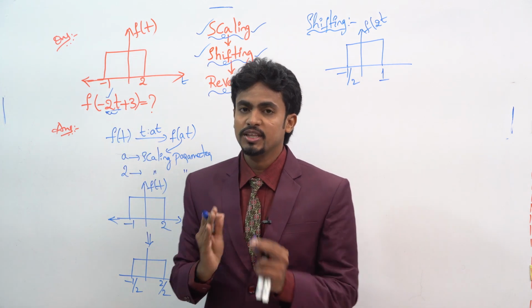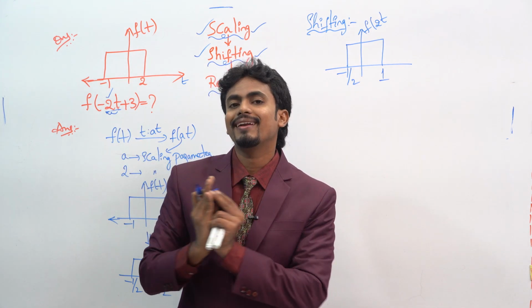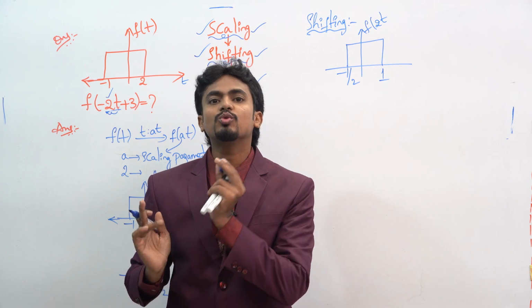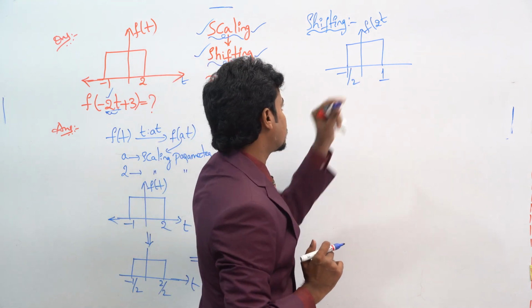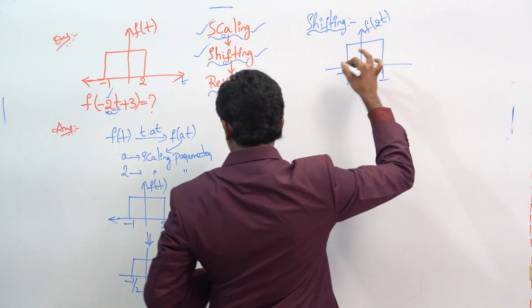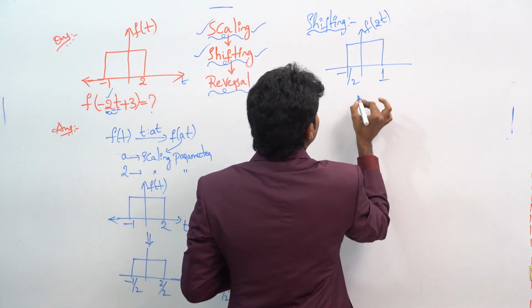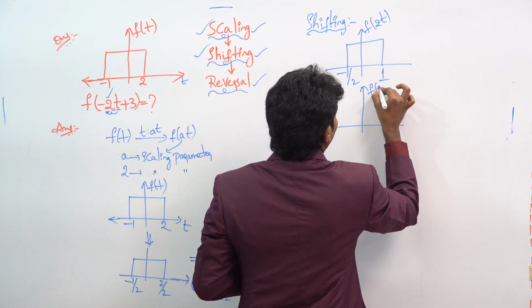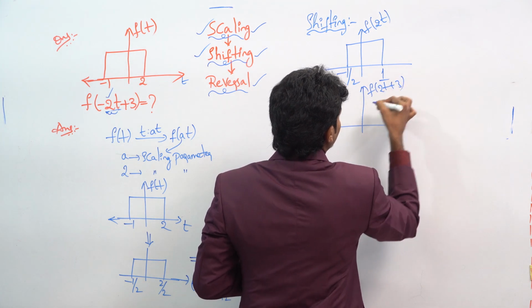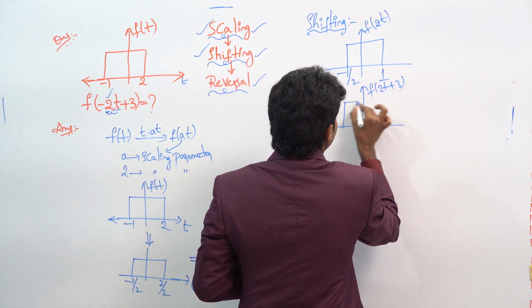Shifting means it may be a right shift or a left shift. We have to see the conditions here. And here this is the output for the scaling. So our conclusion is f of 2t plus 3. What will happen? Let's see.